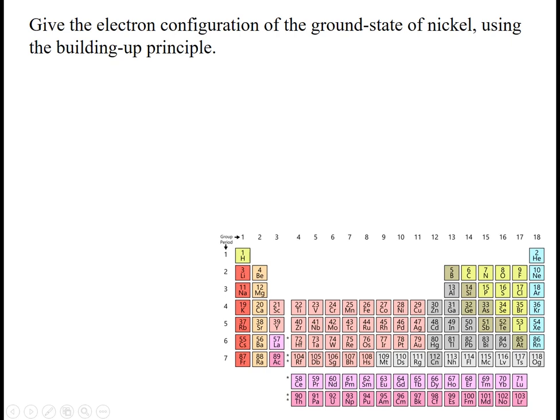I suggest that you pause it and try doing it this time on your own. Again, this is one we did earlier. This is nickel. The last electron is, these are 3d, so it's 1 through 8, so my last electron is 3d8. Doing this the long way, it would be 1s2, 2s2, 2p6, 3s2, 3p6, 4s2, and then 3d8.